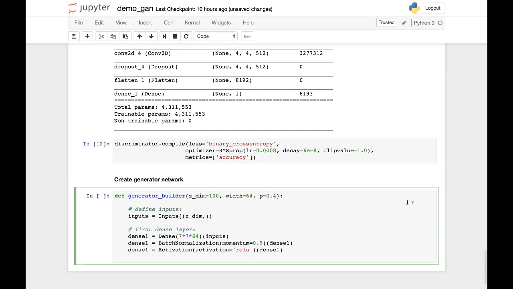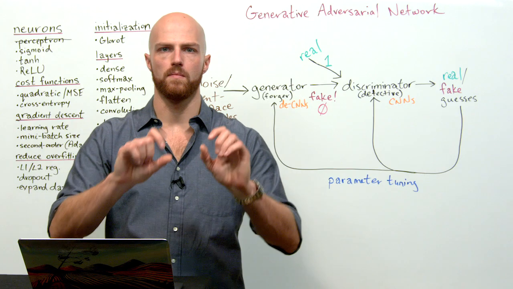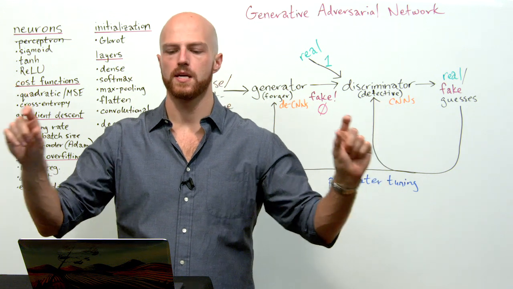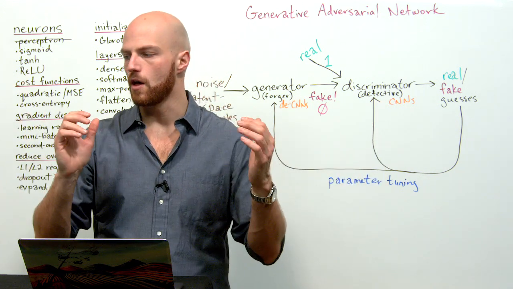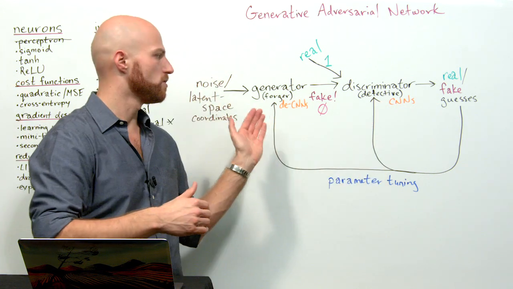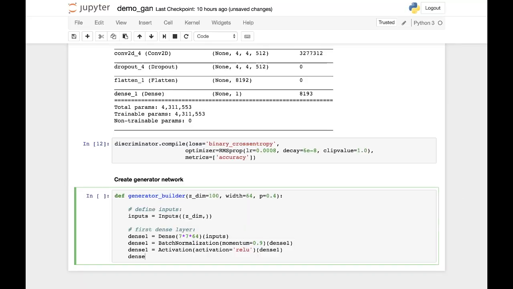After the activation layer, we're going to reshape these outputs from the one-dimensional dense layer into a three-dimensional shape for passing into our deconvolutional layer. So we'll use the reshape function here in Keras. And so now here you can see we had the 7 by 7 by 64 one-dimensional array for the dense network.